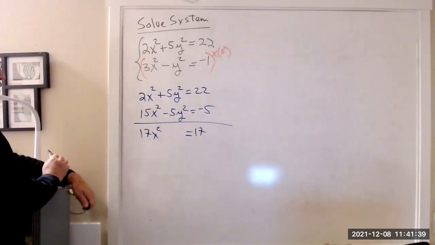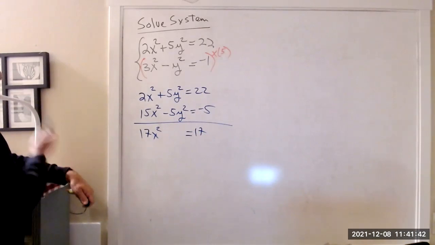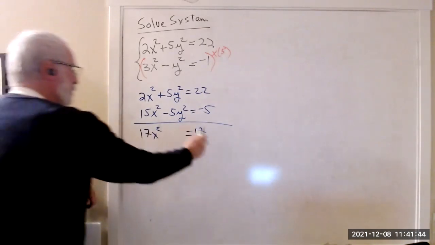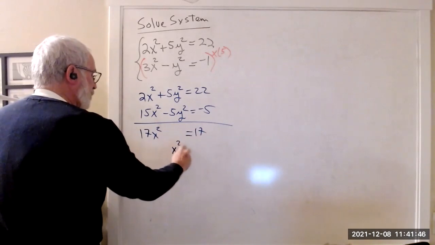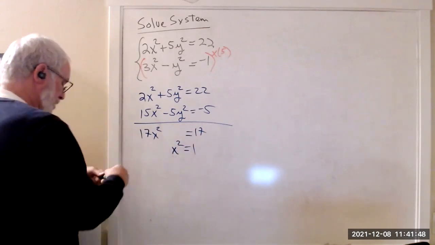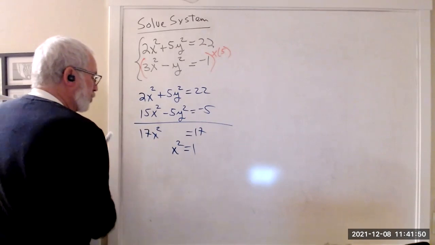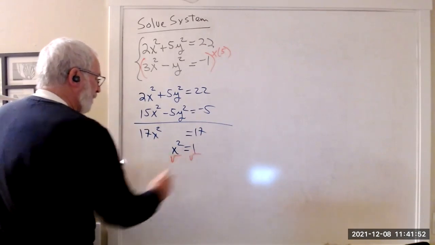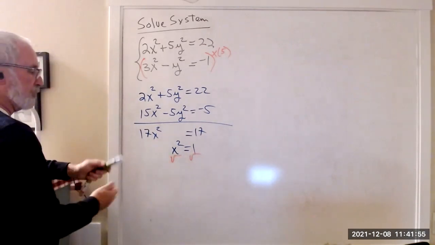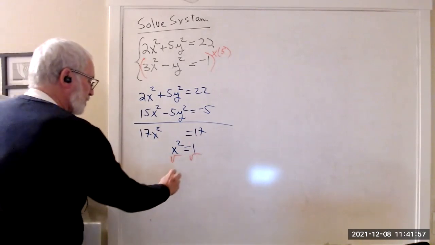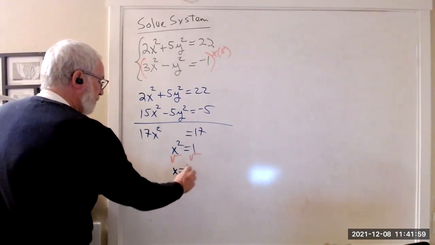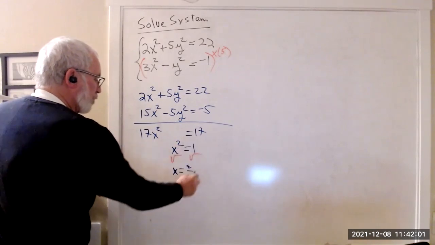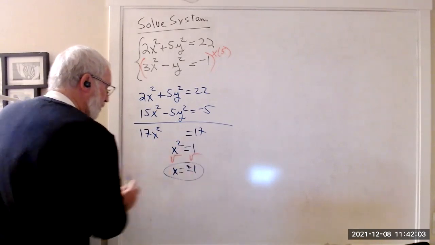That's kind of cool. Divide both sides by 17, we get x squared is 1. Take the square root of both sides. Remember my warning, when you take the square root of both sides, you introduce a plus or minus. Okay, plus or minus, and the square root of 1 just happens to be 1.